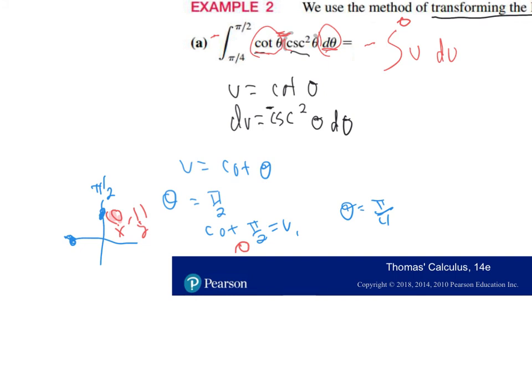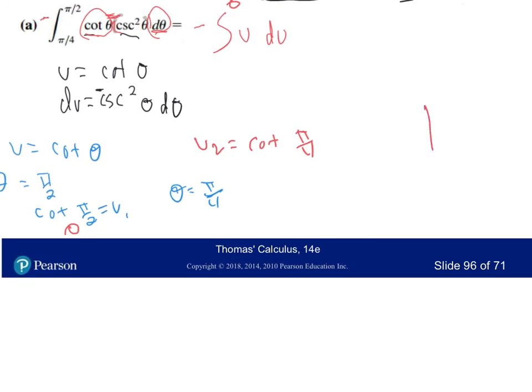Let's do the pi over 4. u2 will be the cotangent of pi over 4. Pi over 4 is a 90-degree angle. I'm sorry, what am I saying? 45-degree angle. I'll put it in that quadrant because it looks like it's positive and positive. Could also be negative and negative, so theoretically you could be down here.